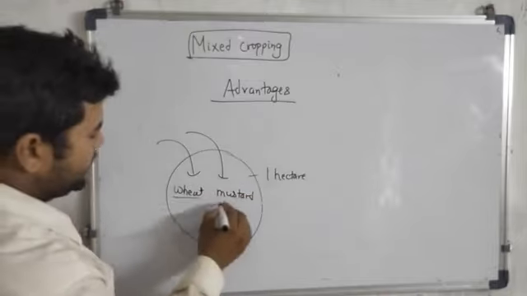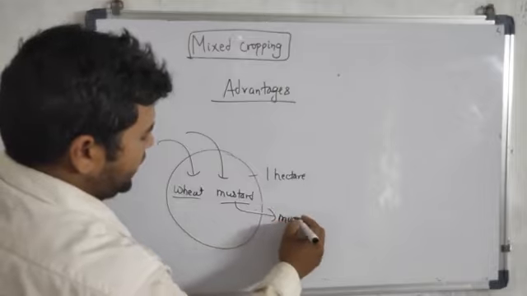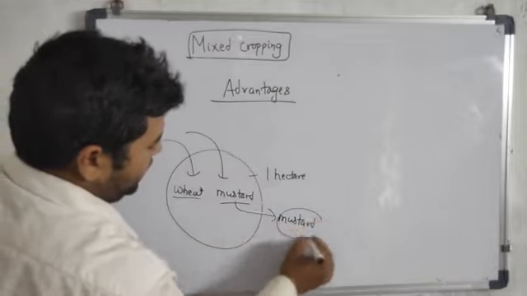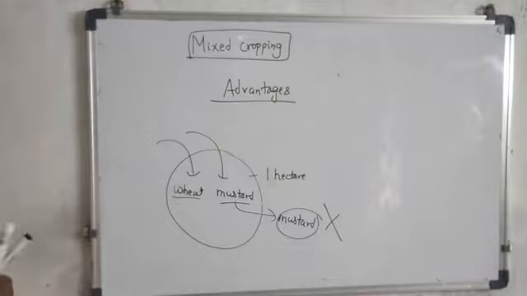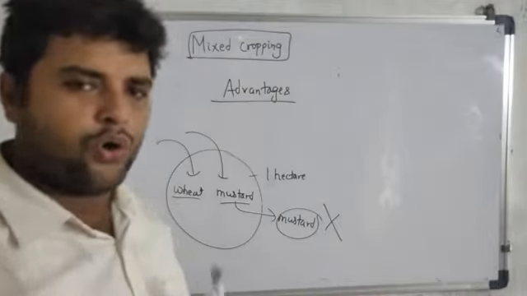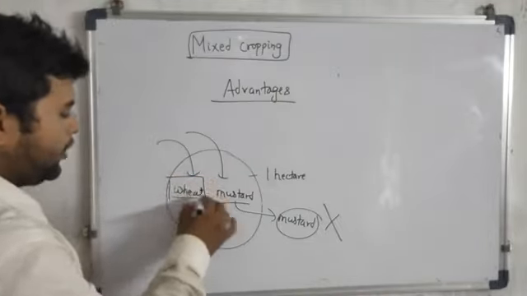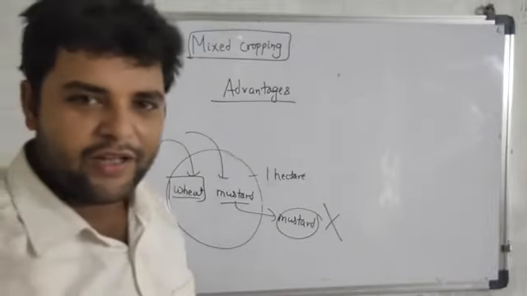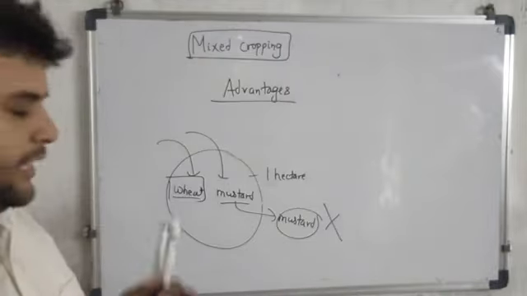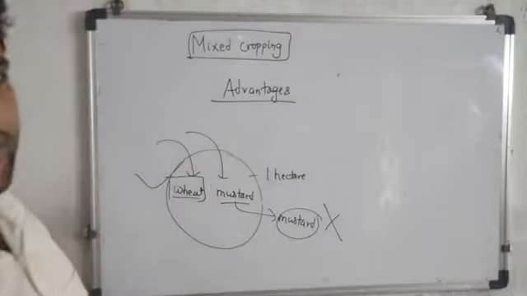Suppose one crop, that is the mustard, is not grown, so the other crop will be there and it is grown.